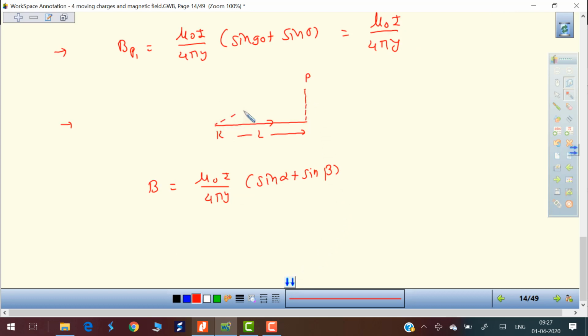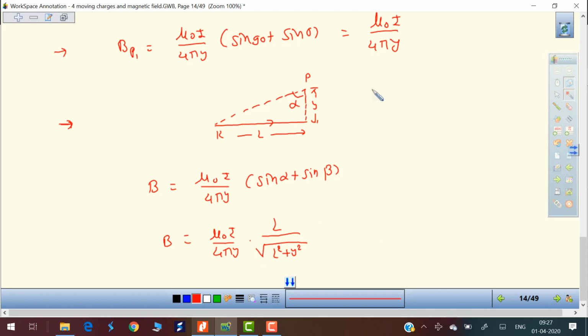So this is your alpha, but beta is equal to 0. What is sine alpha? Mu 0 I upon 4 pi y, and this is the y. And what is sine alpha now? The sine alpha is opposite upon hypotenuse. So root of L square plus y square. So in this way you can find the magnetic field with the geometry.